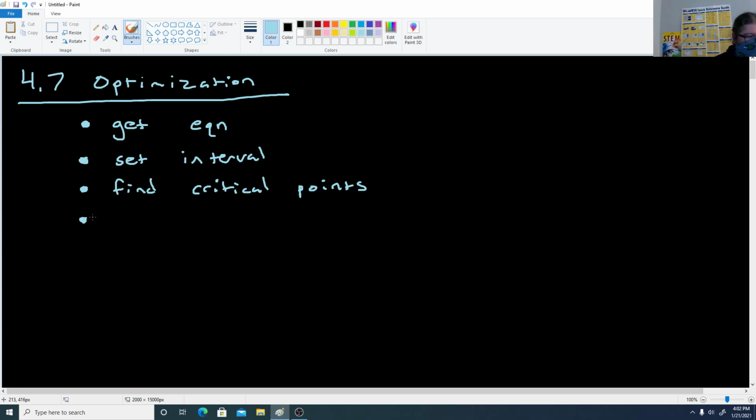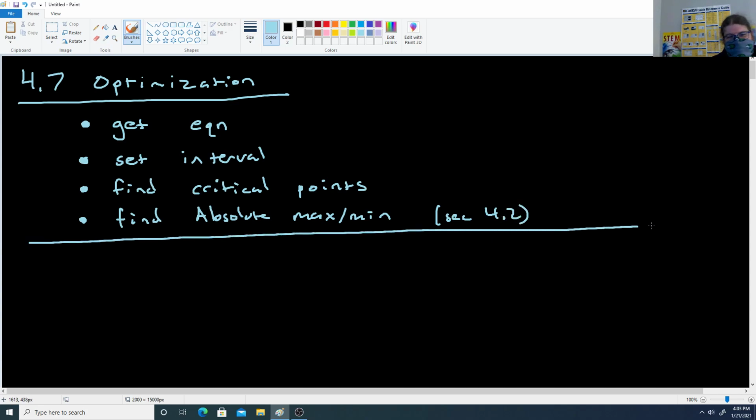And then finally, we're going to find absolute max and min. And this will be like we did in section 4.2. So these are kind of the processes we're going to do.